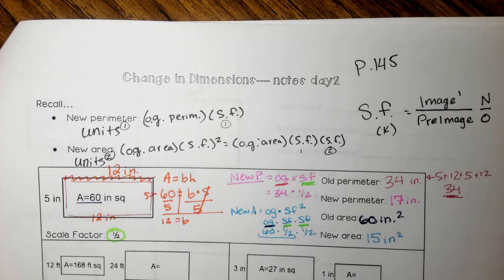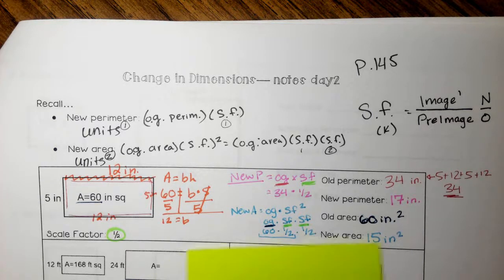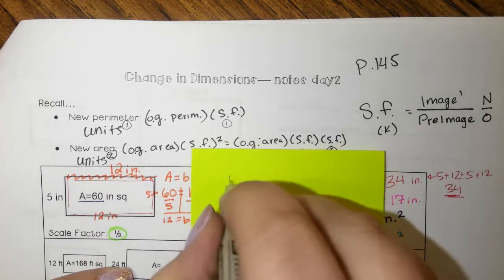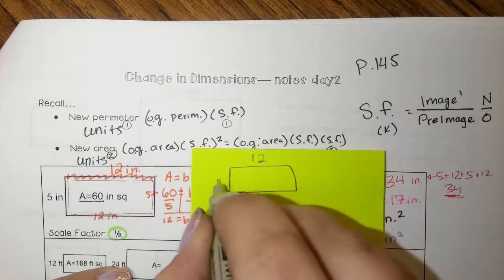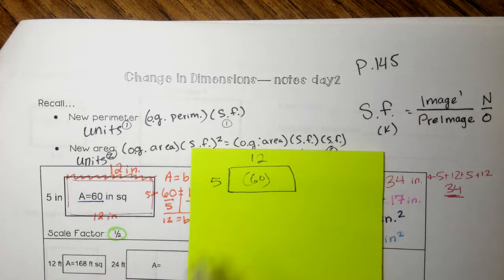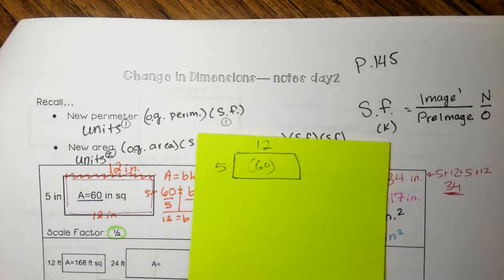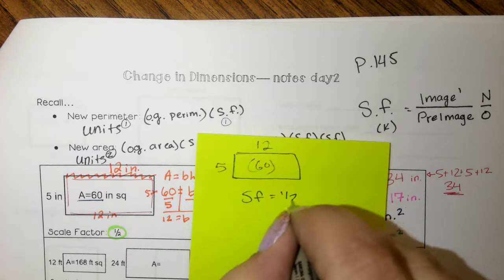And just to prove to you and show you what's really happening behind the scenes with our shortcut, let's draw this rectangle. After we determined this side was 12 from our area, instead of taking the shortcut, we could have used the fact that the scale factor is 1/2.